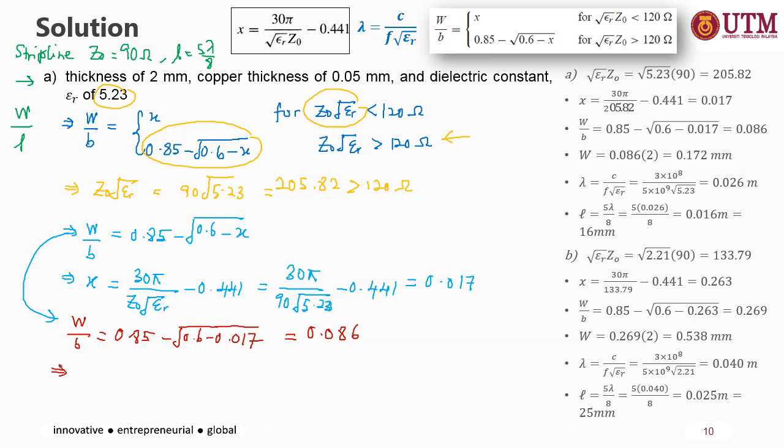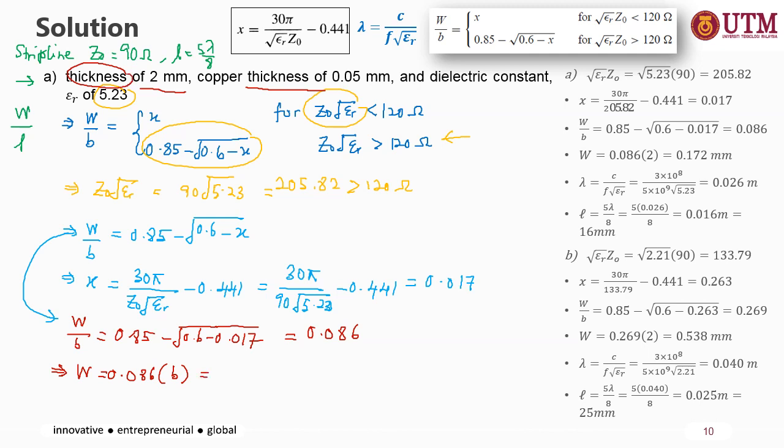Now to get the W, the W will be equal to 0.086 multiplied by your B, or the thickness of the structure. You have two thicknesses in the question: the thickness of the structure, 2 mm, and the copper thickness. B or H is equal to the thickness of the structure. The copper thickness is the thickness of the metal strip, but this thickness is for the whole structure.